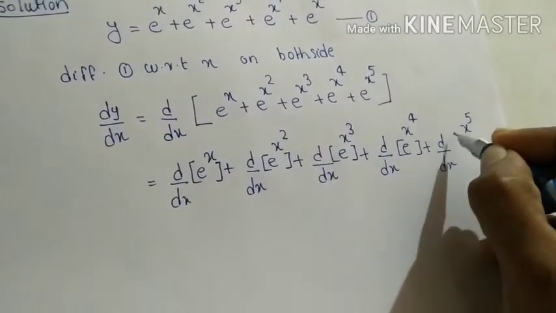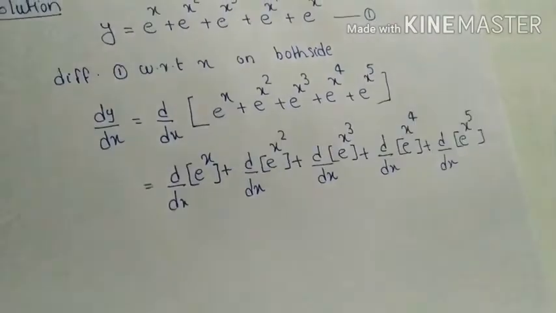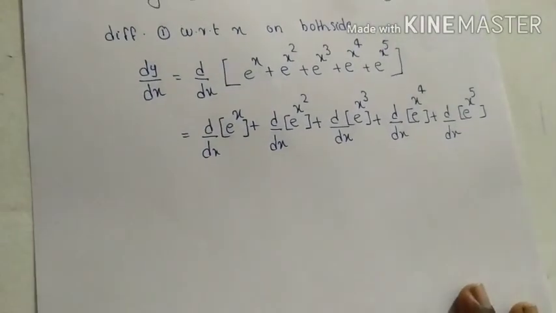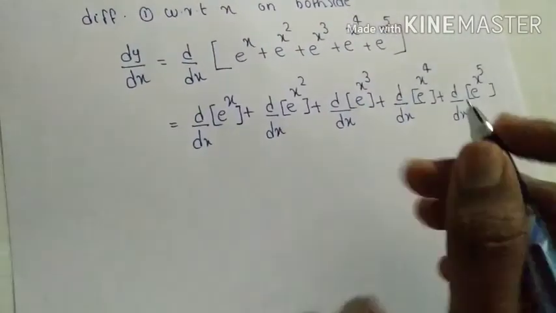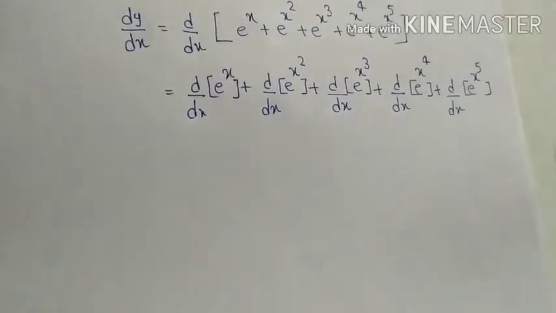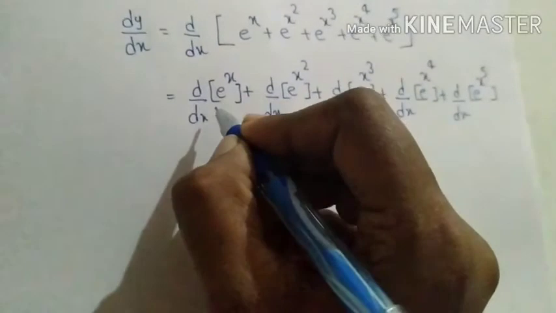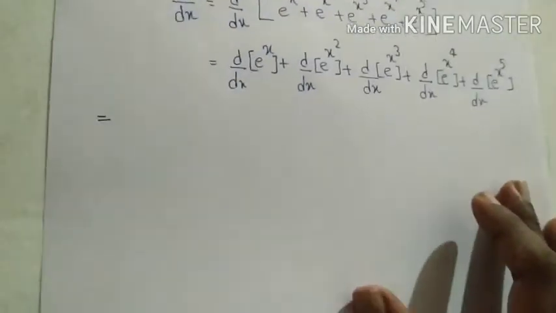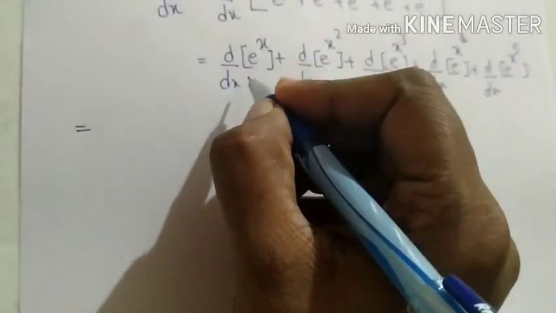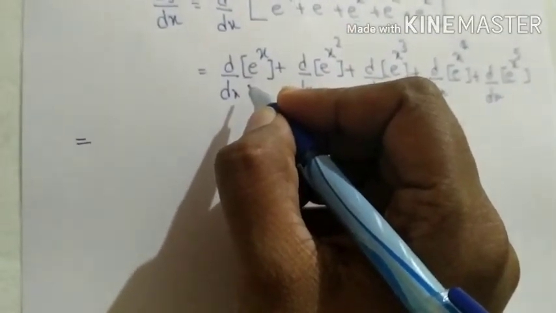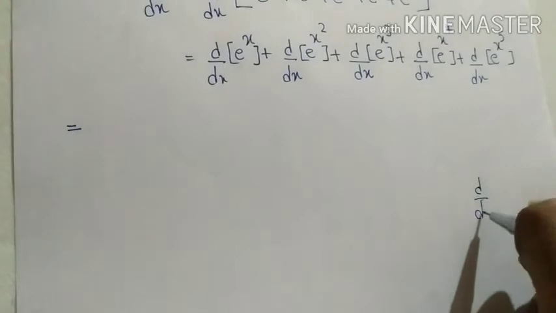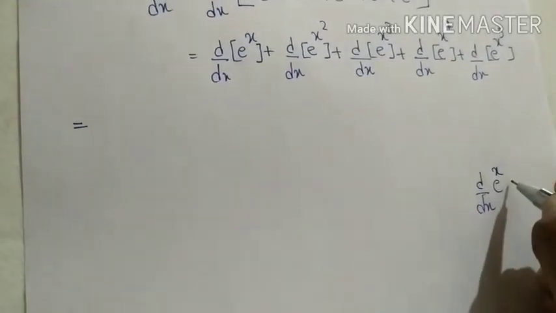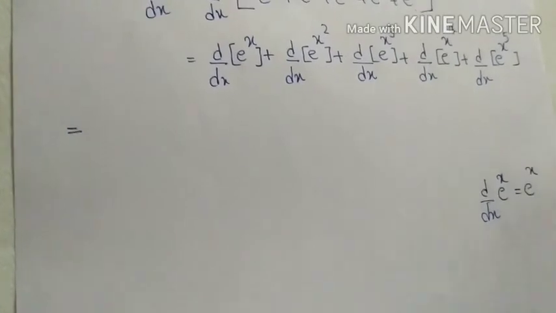Each function is closed with brackets. Okay, so I'm starting with this one, dy by dx equals, we know that the standard derivative of e raised to x equals e raised to x itself, right?